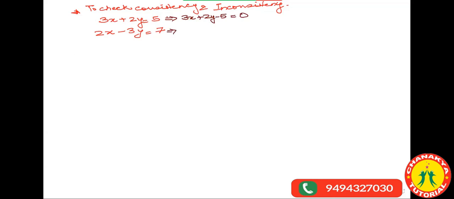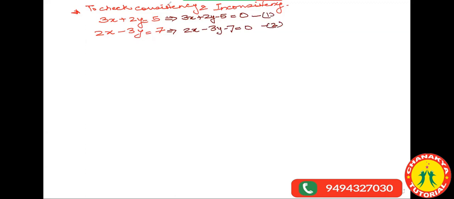Now next is Meher. Tell me how we will write this in standard form. Ma'am, 2x minus 3y minus 7. Okay. Good. Now, children, we are having these two equations with us.